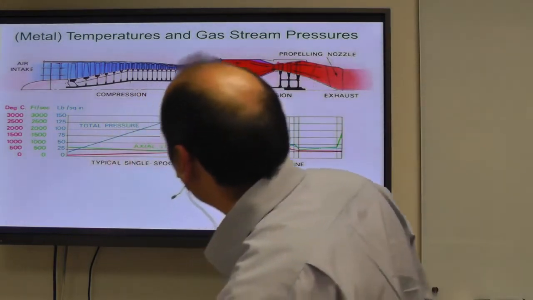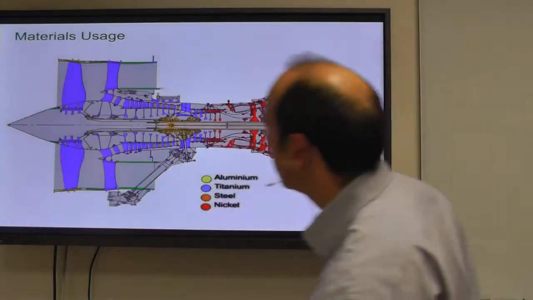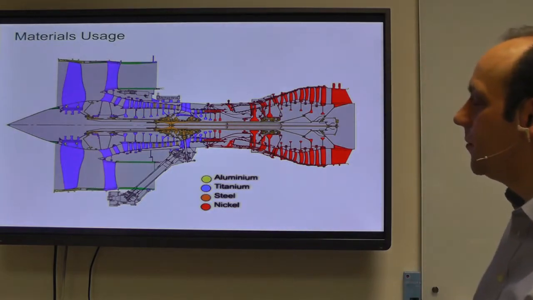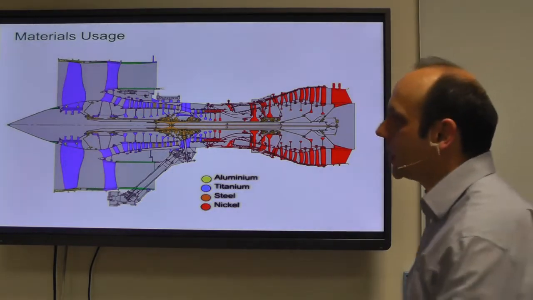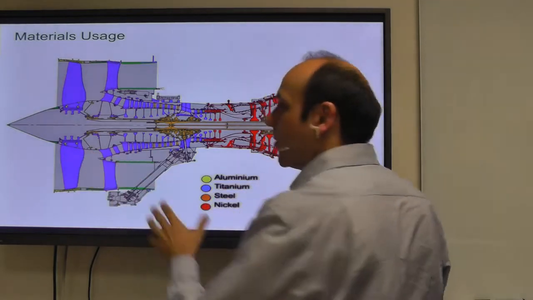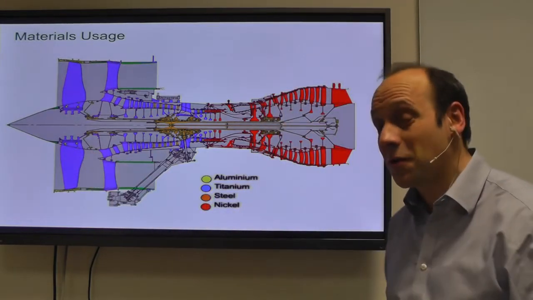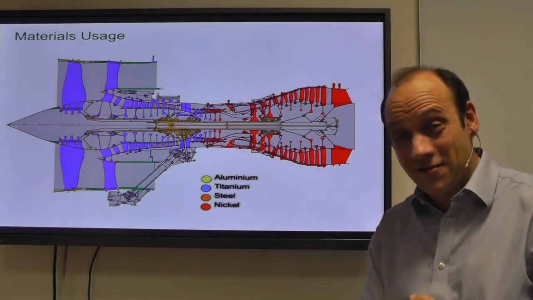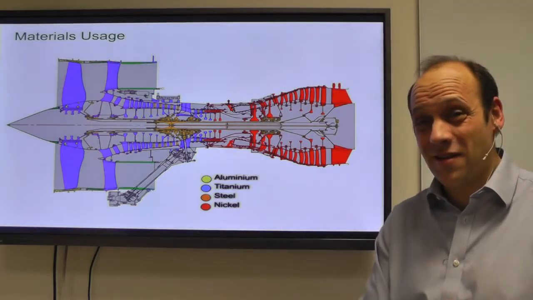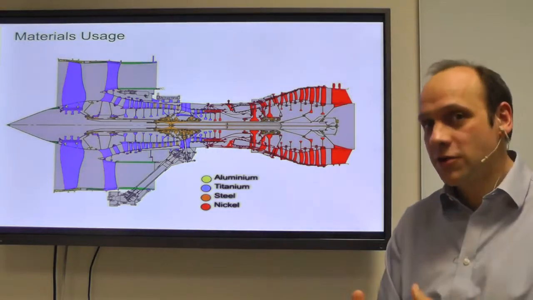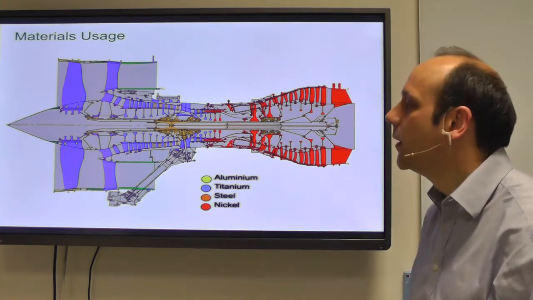That's how it works. So as you get hotter, of course, you run into the problem that the temperature capability of the alloy is limited. So you use titanium here for its good specific fatigue strength. That is its fatigue strength per unit weight. That is its strength under a fatigue load, which was much lower than its yield stress.